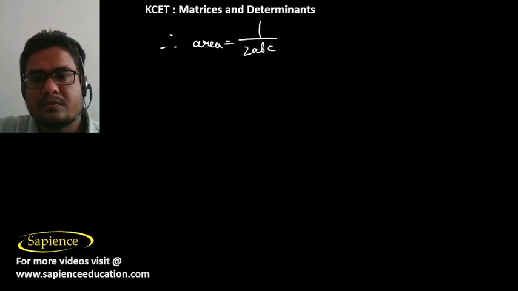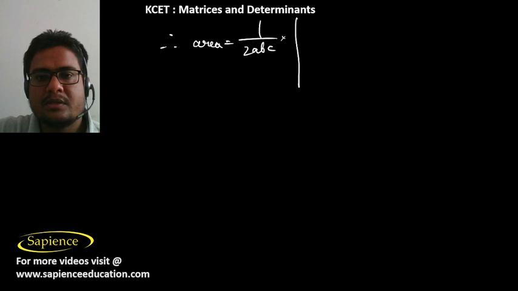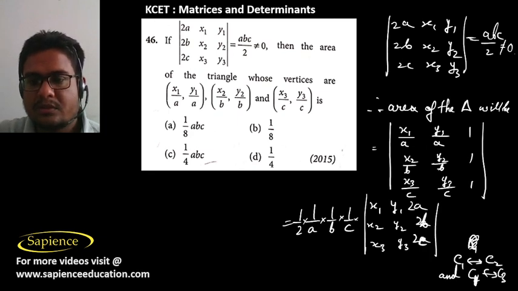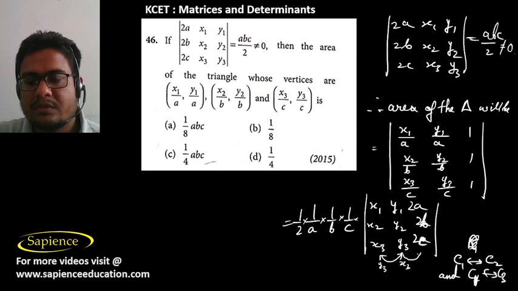Therefore the area will be equal to 1 by 2 ABC times the determinant. First I will interchange C1 and C2, so x1 and x3 will come here, y3 will come, and then we interchange the first column with the third column, so this y3 will come here and this 2c will go here.